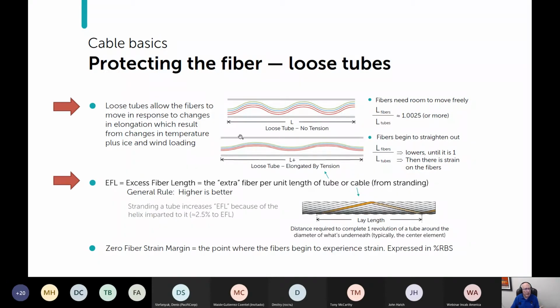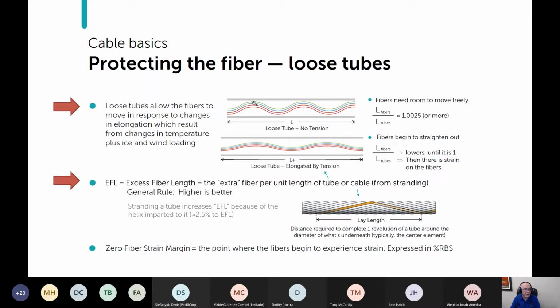To continue, important concepts that flow from this: this 0.25% I talked about is called excess fiber length, EFL. And as I say, it's that extra length of fiber per unit length of tube or cable.